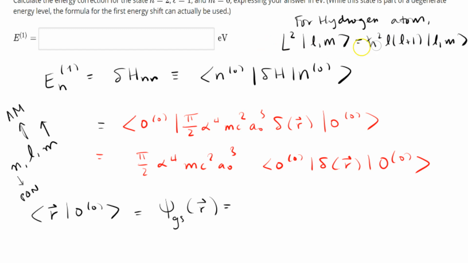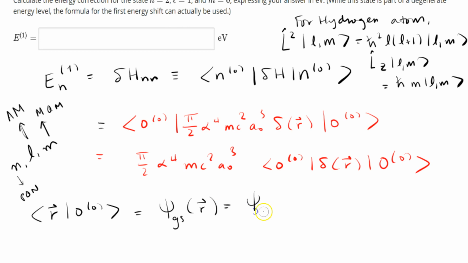If this doesn't make any sense to you, then just educate yourself in regards to angular momentum, spherical harmonics, things like that, because I assume you know it at this point. And then M is the magnetic quantum number. It's basically the Z component of angular momentum, so this is equal to h bar times M. This is the familiar angular momentum algebra. I'm not going to get into this, I just wanted to tell you.